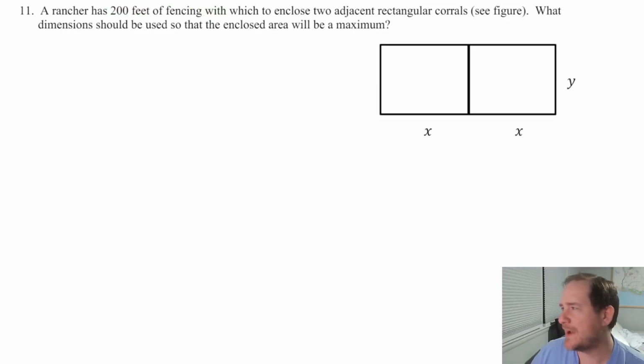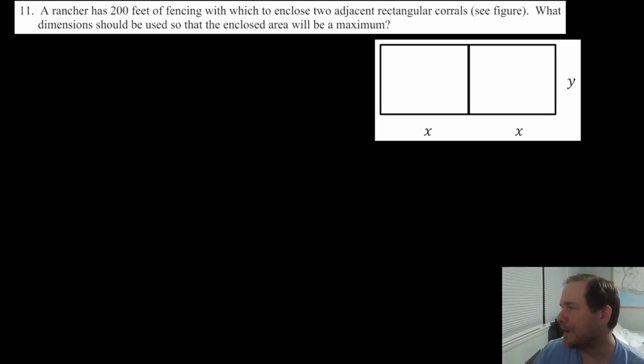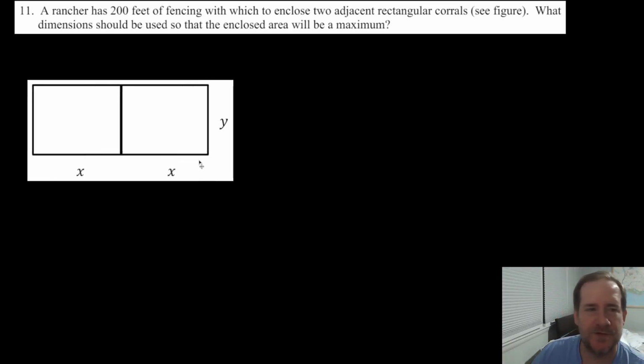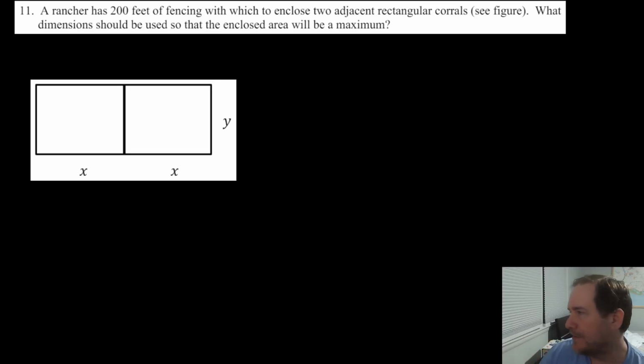So I'll bring the figure back. Blindingly bright. Sorry. So yeah, they wanted us to go ahead and assume that the 2 corrals were congruent, because as soon as we assume they're congruent, we just have x for this one, x for this one, then of course x up here, because opposite sides are congruent, x here.